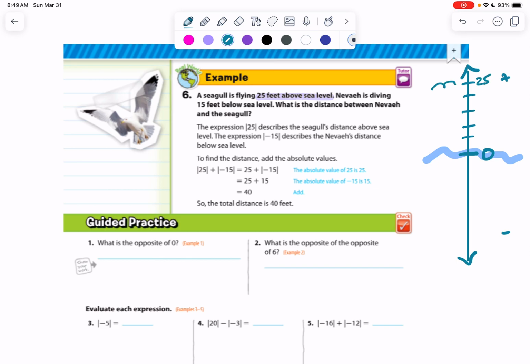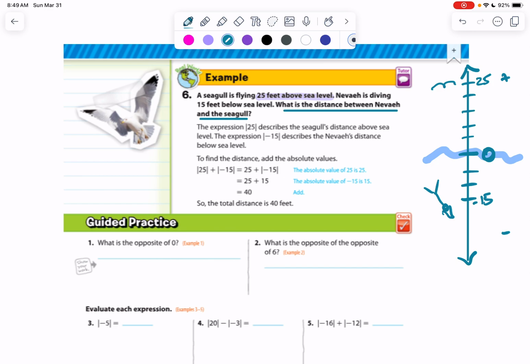Okay? And Nevaeh is diving 15 feet below sea level being 0. So 5, 10, 15. Here's our diver. Okay? 15 feet, negative 15 feet, because it's below 0. And the question is, what is the distance between Nevaeh and the seagull?